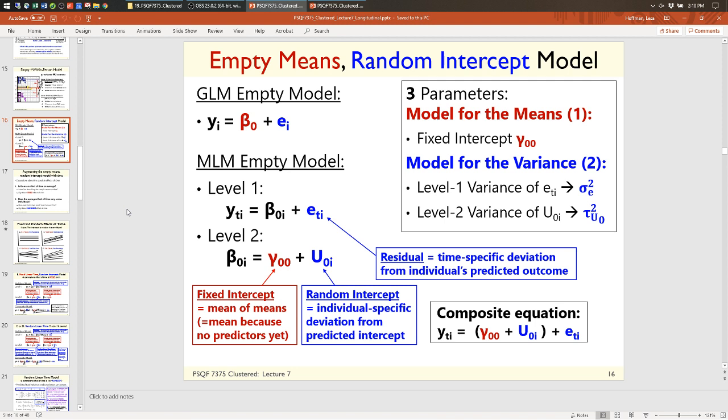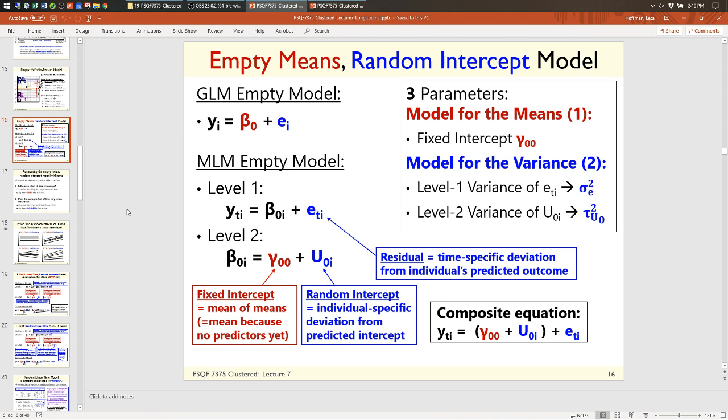ICC. What's an interclass correlation? Give me two definitions, por favor. So we'll do the first one.